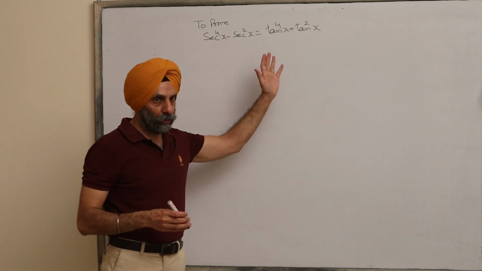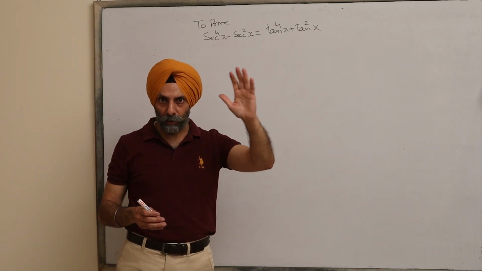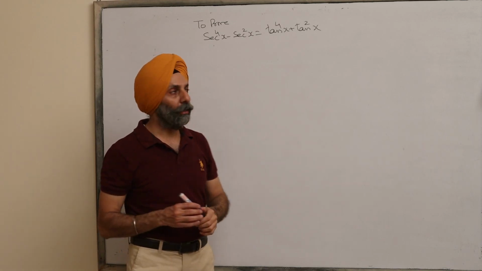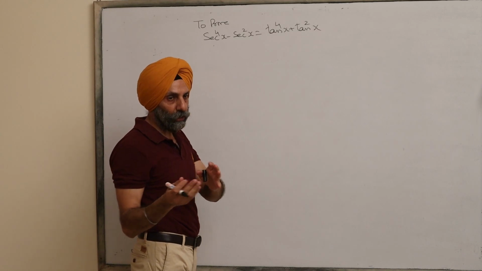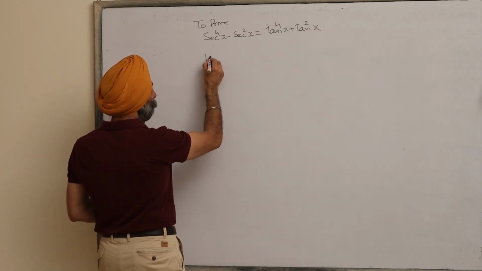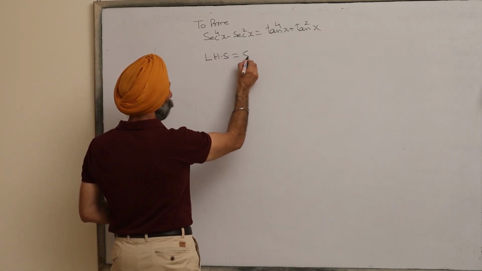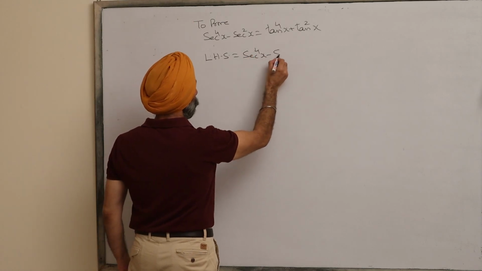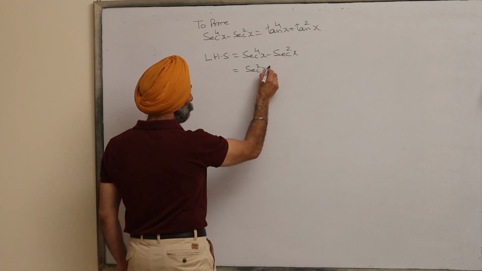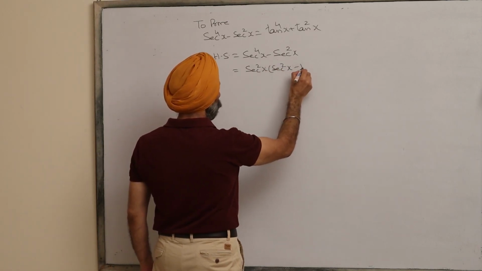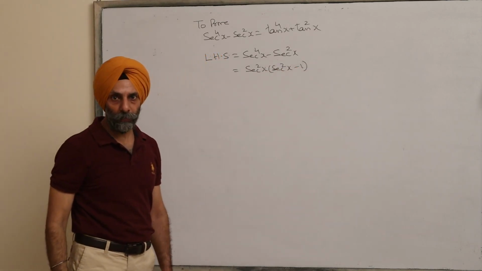Since in this question terms are in terms of secant and tan, we can proceed from any side, that is the left hand side or the right hand side. So let us start with the left hand side. It is secant 4x minus secant square x. If I take secant square x common, you can see that it comes out to be secant square x into (secant square x minus 1).